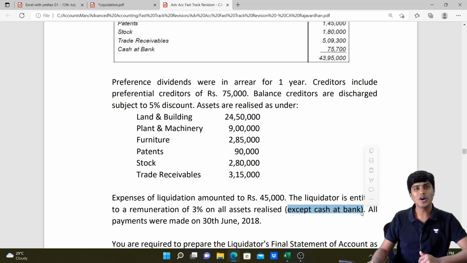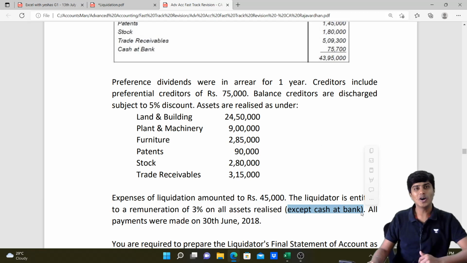After 11 lakh 20,000 for debenture holders, what are we going to pay next? Next, we'll pay unsecured creditors. Creditors in total are 8 lakh 50,000. Out of this, 75,000 is preferential creditors.